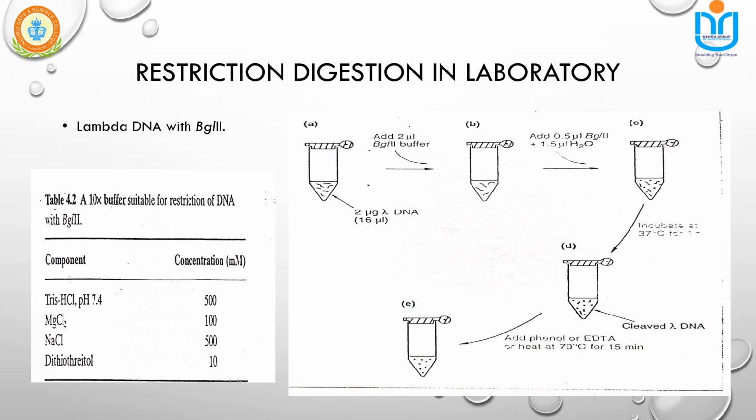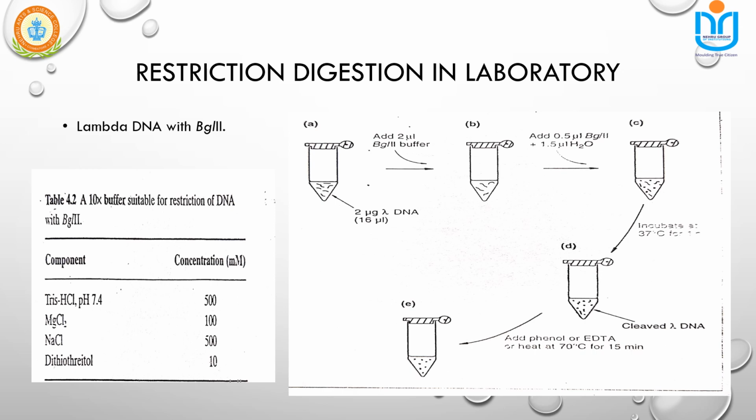Most restriction endonucleases work best at 37 degrees Celsius, but a few have different requirements. For example, Taq I must be incubated at 65 degrees Celsius to obtain maximum activity. After 1 hour, the restriction should be complete.